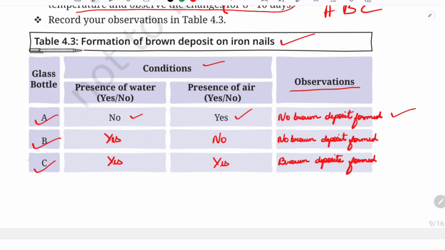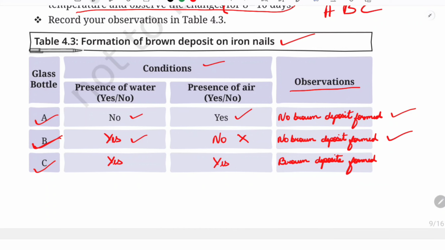Okay, and in the second condition, that is in B, there was water, yes, there was water. Presence of air, no, there was no presence of air, because we have poured some oil also, isn't it, in order to prevent the air from entering the water, yes or no? So again in this case no brown deposit is formed.